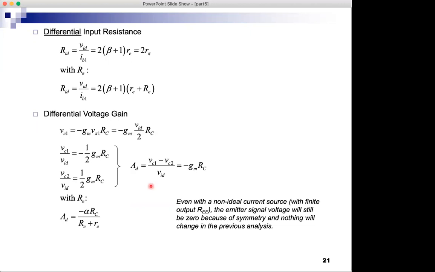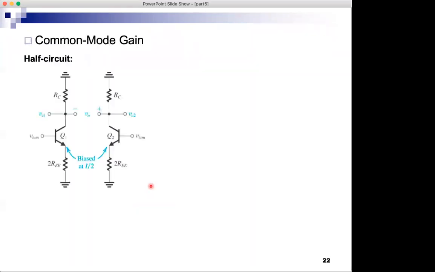So I'm calculating now the common mode gain, and I will use the half circuit technique. Here I will need to consider the output resistance of the current source and then split it into two parts.